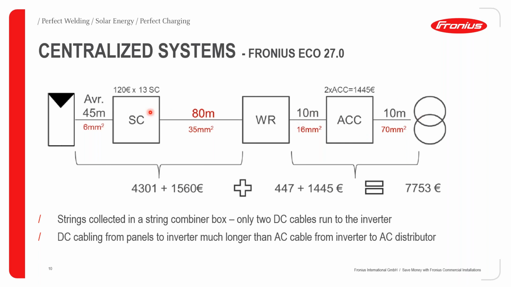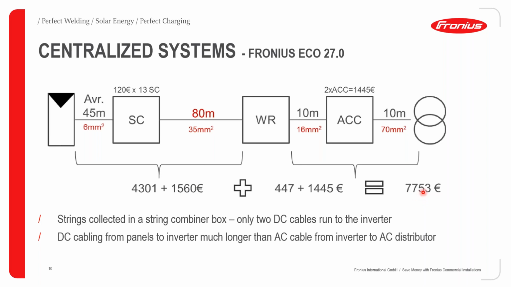So in effect, our string combiner cost here is about 120 euros, times 13. Cumulatively, if you add the cost of the DC side, that is the string combiners and the DC cabling, plus the cost of the AC combiner box and the AC cabling side, you will come to a figure of about 7,753 euros for this particular example.